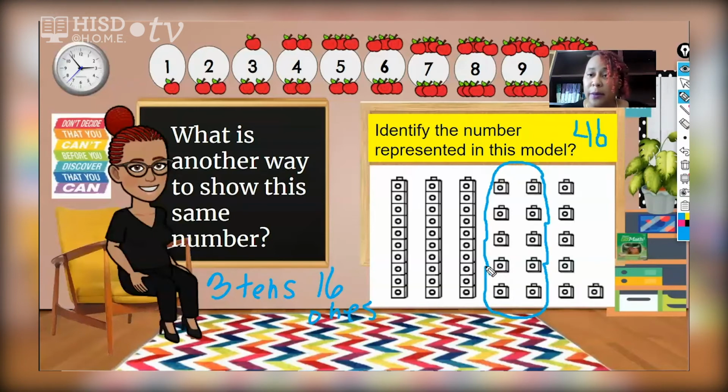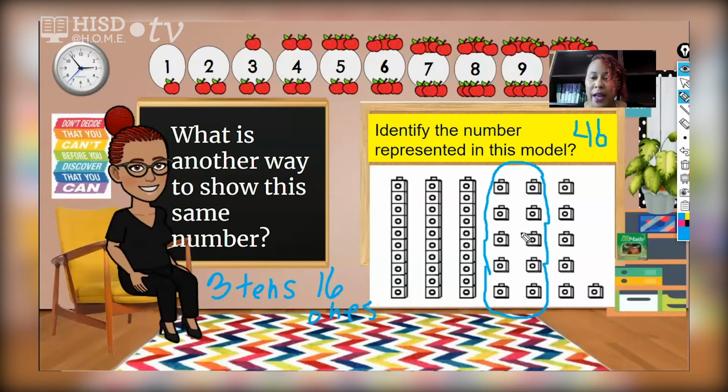Let's see if we have enough to make another 10. 1, 2, 3, 4, 5, 6. Did we have enough? No. So how many tens did we have in all this time? 1, 2, 3, 4.